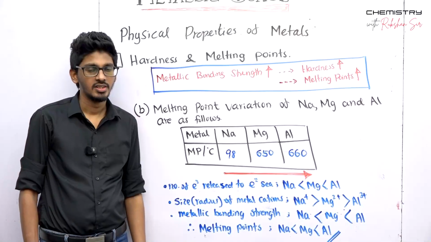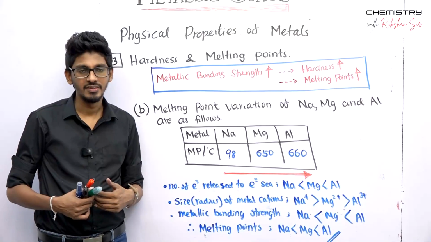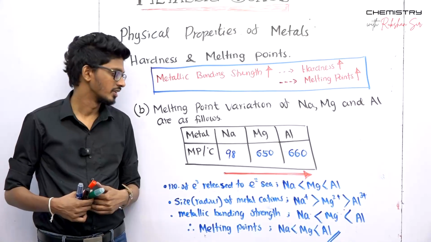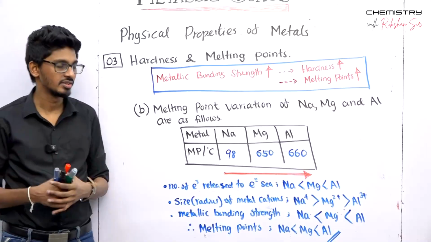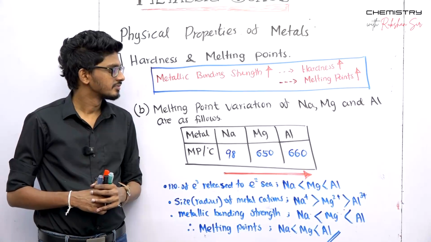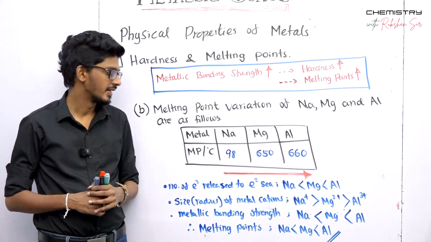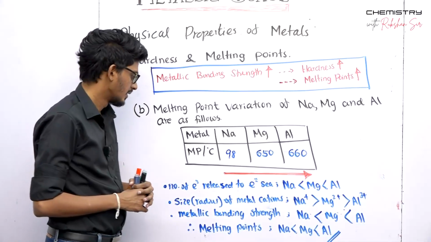The ionic nature could be used with the d block metals, not when comparing s block or p block metals. That is about the metallic bonding.